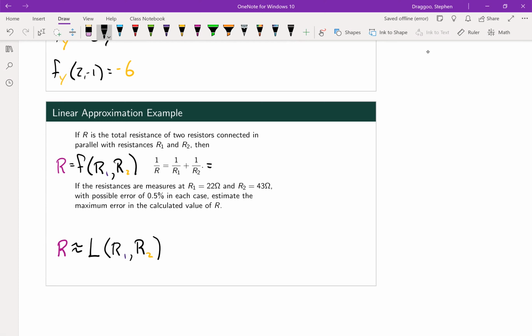So right now, I've got 1 over R1 plus 1 over R2. I'm going to change that to look like this. We'll have R2 over R1 times R2 plus that second term, I'm going to rewrite to be R1 over R1 times R2.